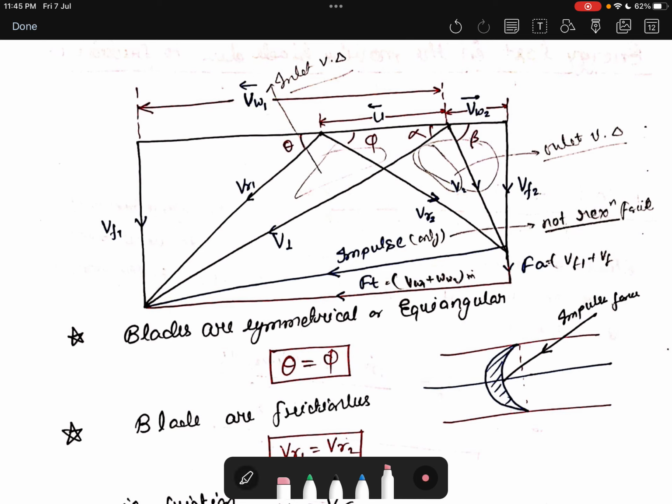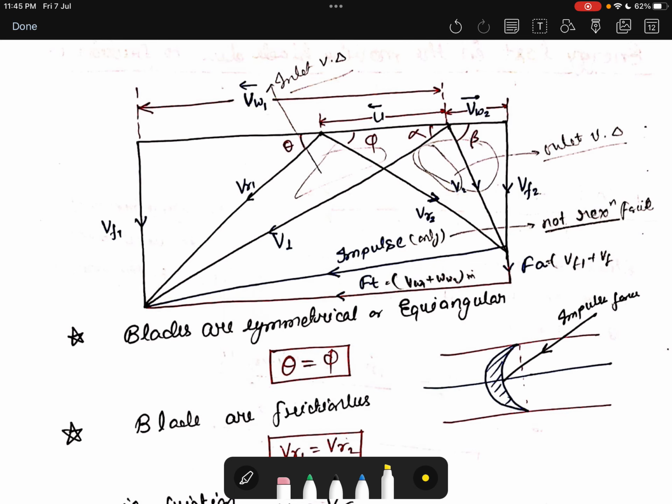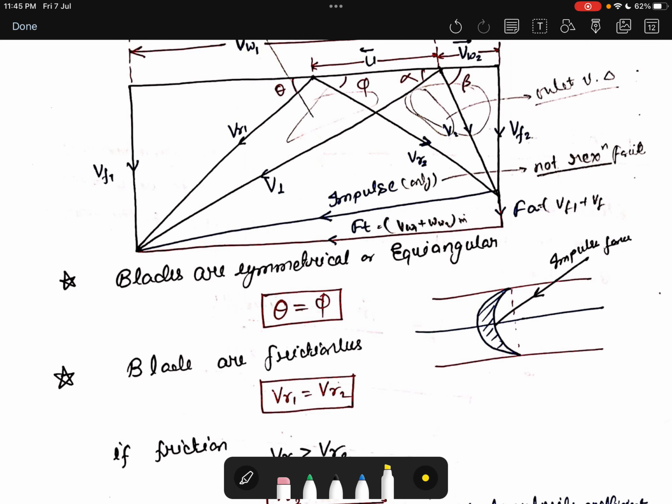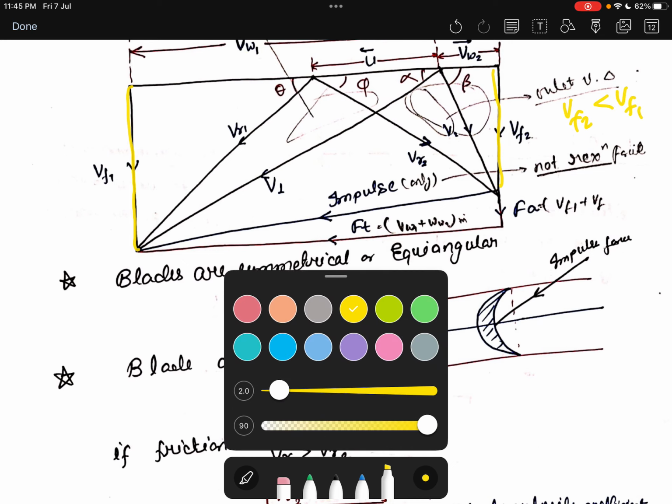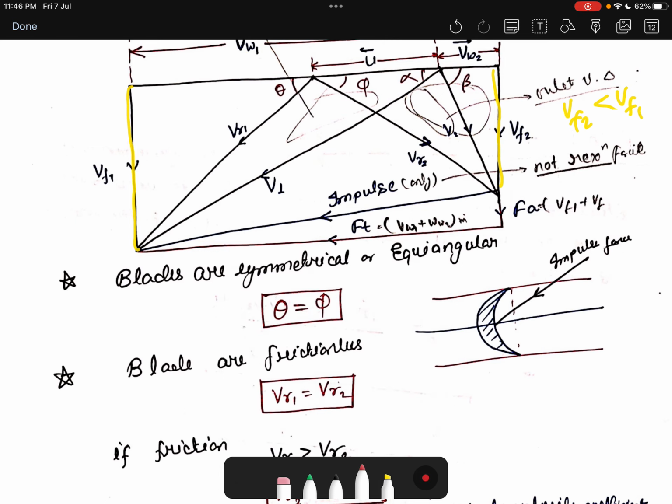I want to catch your attention here: this flow component is this and this flow component is this. So we are seeing that Vf2 is less than Vf1.